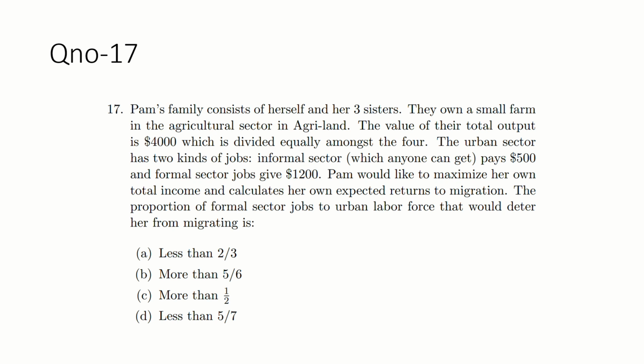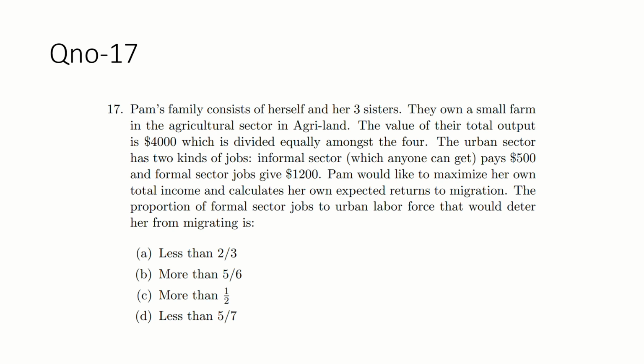The value of their total output is $400, which is divided equally among the four. The urban sector has two kinds of jobs: informal sector and formal sector.